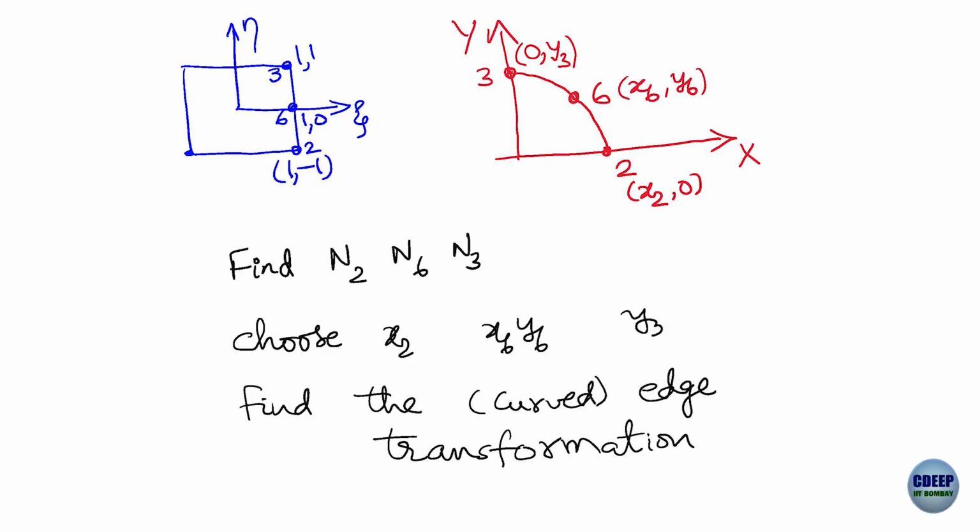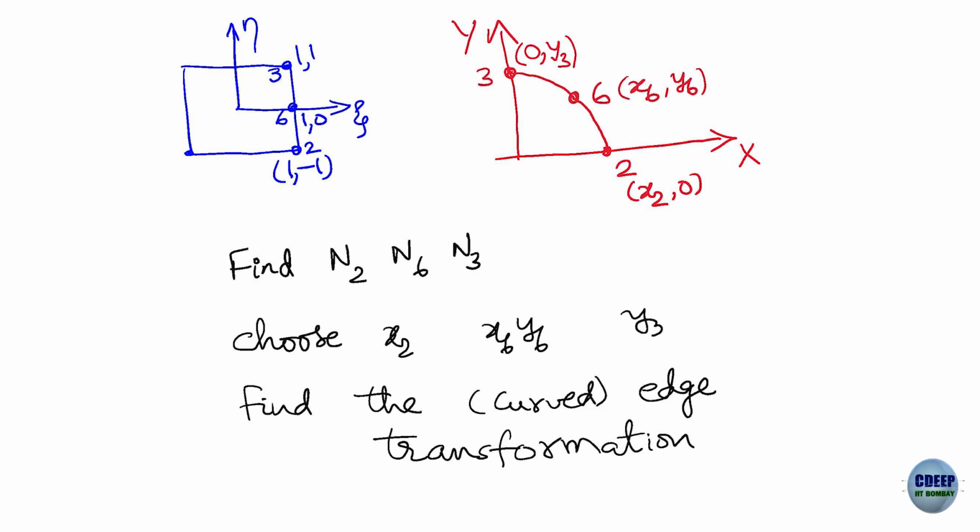With just one element I am trying to model a quarter of a circle. It's not a great idea, but just to get an idea of how well I will be able to do. If you want to complicate it, you can take only a 5 or 10 degree sector or even a 1 degree sector, but then the coordinates would become some odd numbers. So I have chosen x2 0, 0, y3, and then you can choose somewhere x6, y6. So this is the exercise you are going to do now. Please attempt it. Write down N2, N6, N3, and then choose some coordinates.